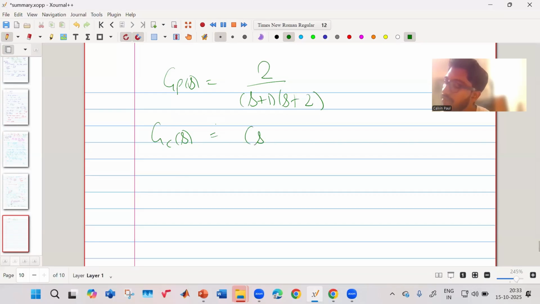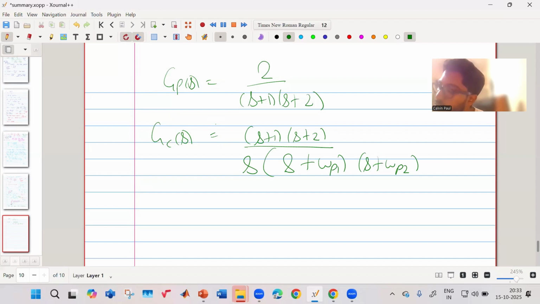Your controller should have this: to cancel your plant poles, it should have an integrator. Then it could add pole 1, pole 2. This it can have.